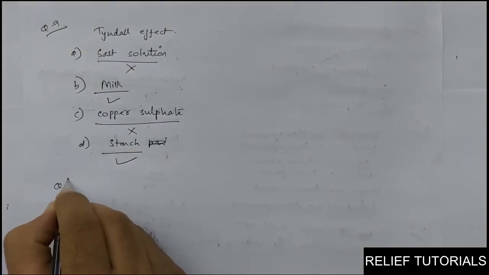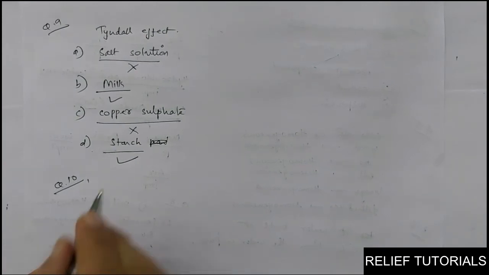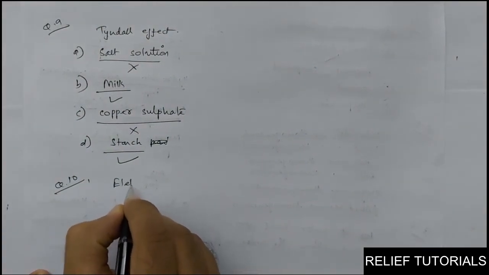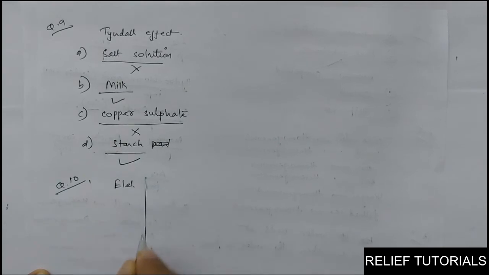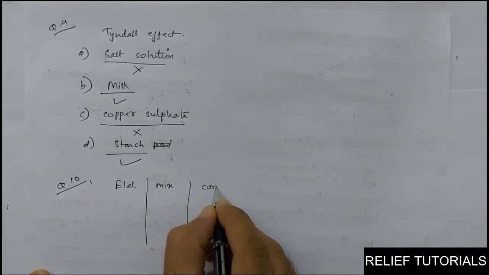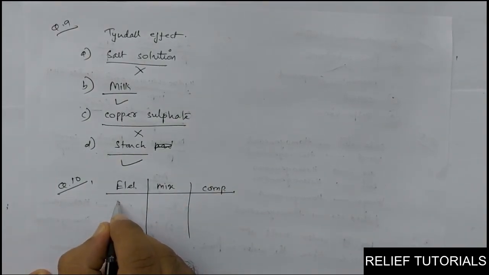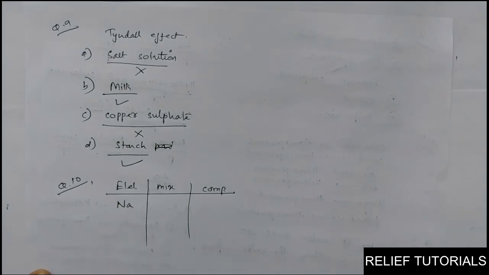Question number 10. Classify the following into elements, mixtures and compounds. The first one is sodium, so sodium is an element, symbolically Na.